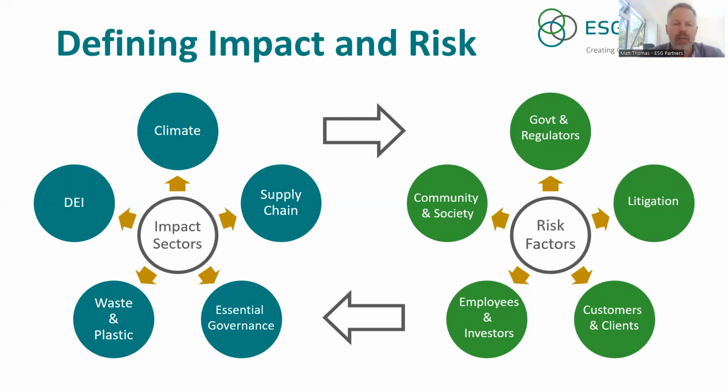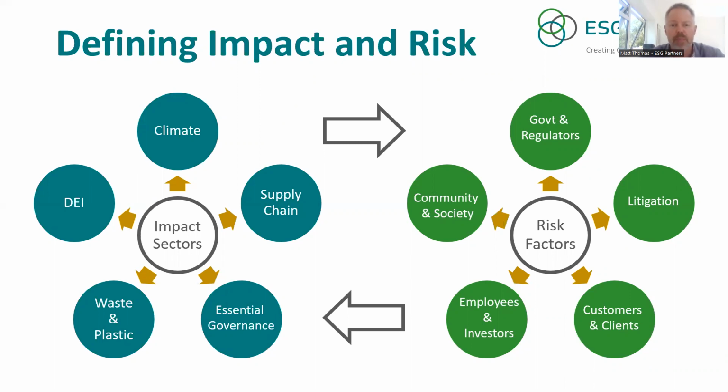If you look at what around 95% plus of impacts that an SME will come into contact with, will influence that business through ESG, really boiled down into 5 key headings.